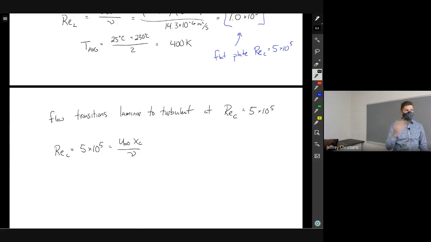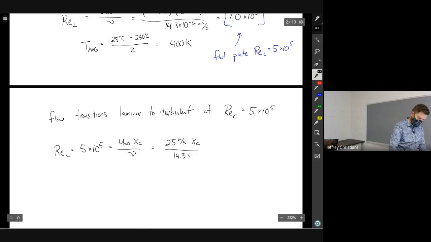We'll call that the critical distance. And this critical distance is 0.286 meters.